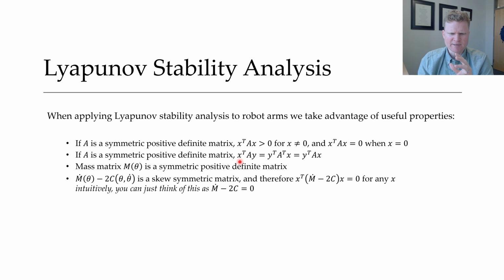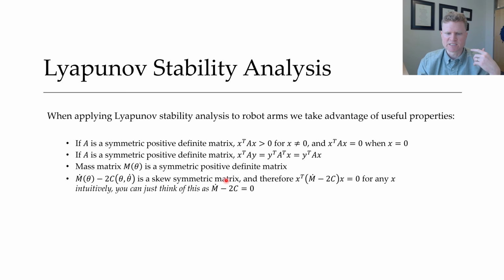And finally, and this one's a bit esoteric, and it comes up in one specific place in our derivation. If you take the time derivative of your mass matrix, so you get M dot, then M dot minus 2C, where C is the Coriolis matrix, it turns out that that is a skew symmetric matrix. And so if you have something like X transpose (M dot minus 2C) X, that is going to be equal to 0 for any value of X. Now, that is the actual statement.